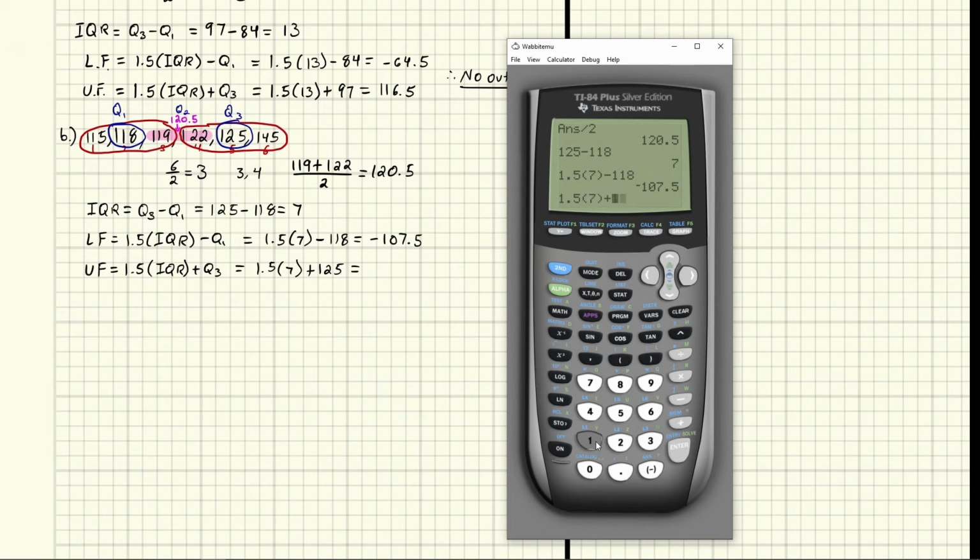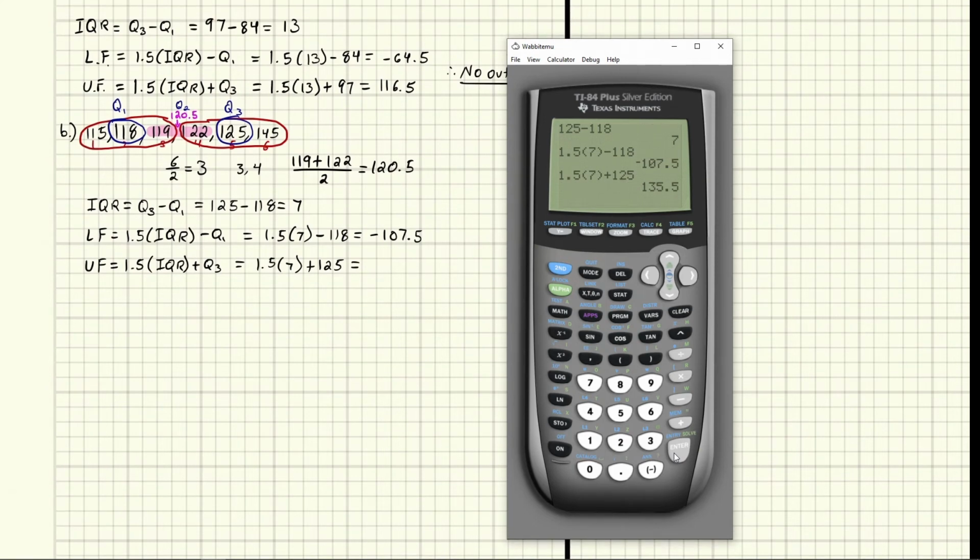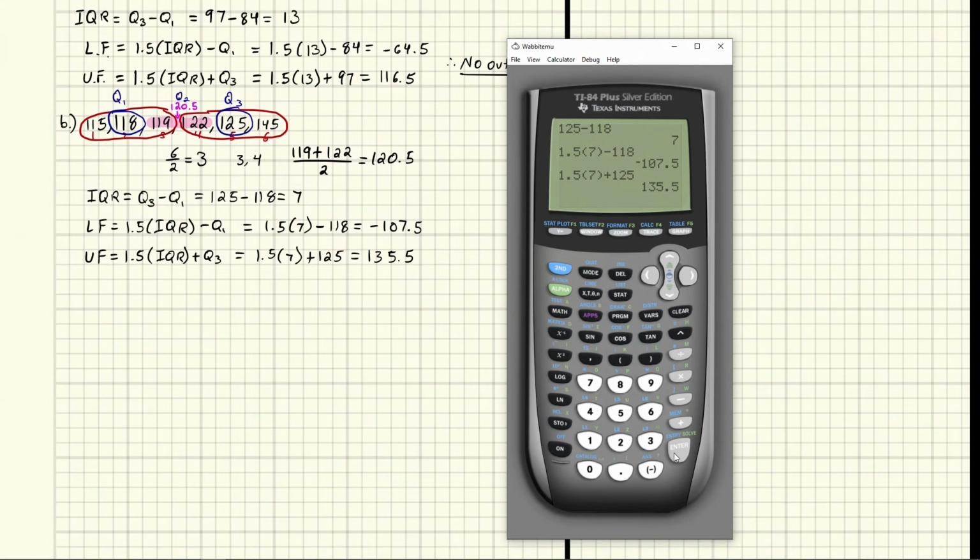So we get 135.5. Any numbers that are bigger than this are considered outliers.